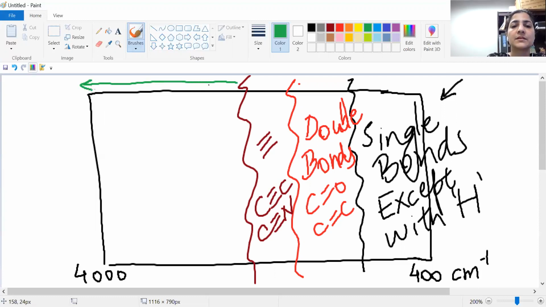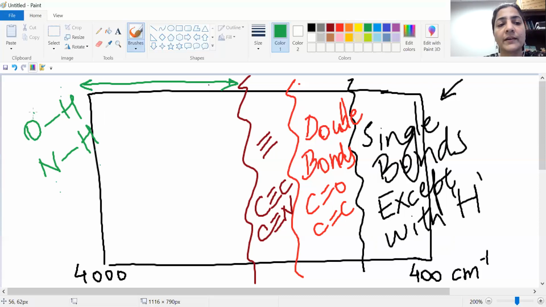This particular region is for the bonds with hydrogen. If you look at all the electronegative elements and the hydrogen bonded to it, you will realize that these molecules can do hydrogen bonding, and hence they have a stronger interaction with other molecules, needing more energy for them to vibrate or to shake off.